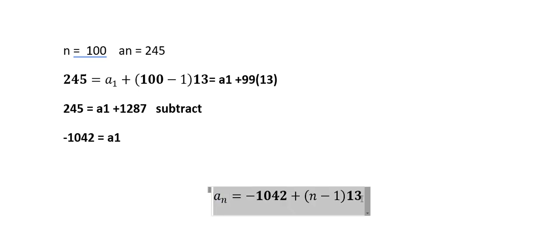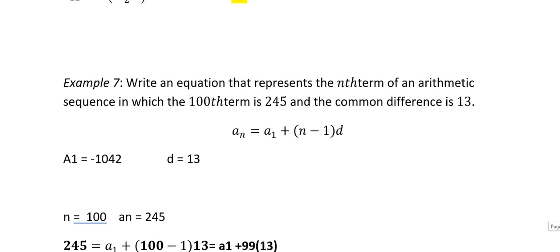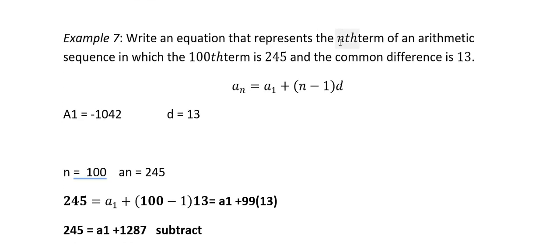So that is actually your final answer, because what did they ask us for? They asked us for the equation that represents the nth term, so something a sub n. This part was able to tell us our a sub 1, and the difference is 13. So we were looking for this piece.